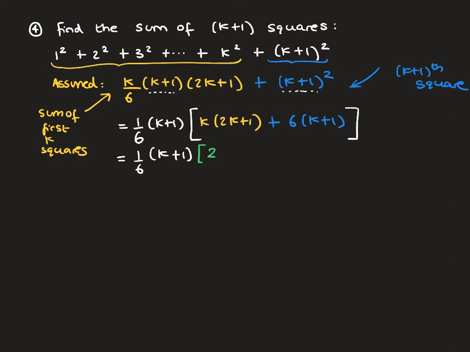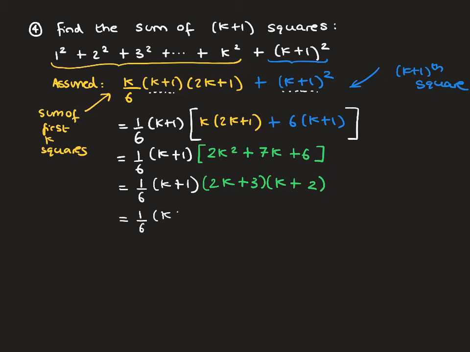We get 2k squared plus 7k plus 6, which hopefully you can all see straight away will factorise further, the green part there. So that will factorise to give me this. Now I'm just going to reshuffle this a little bit, and can you see we have the target expression?